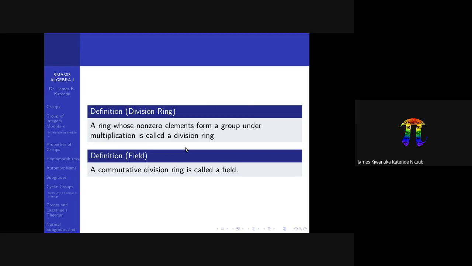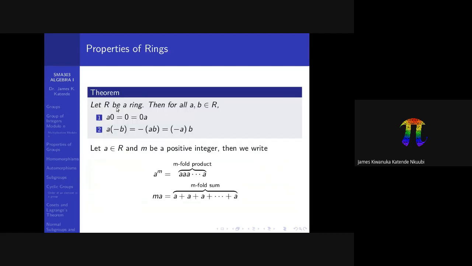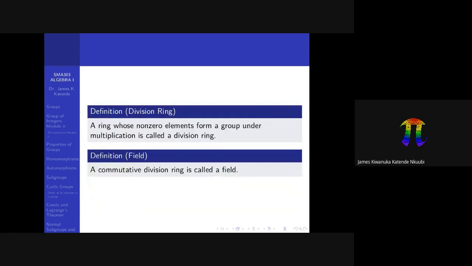Again, we can go back to our examples, see which ones are division rings and which ones are not. If you look at the integers, it will not be a division ring. Why? Maybe it's important to first read the definition of a division ring.